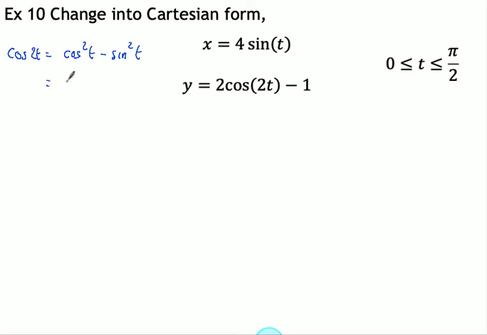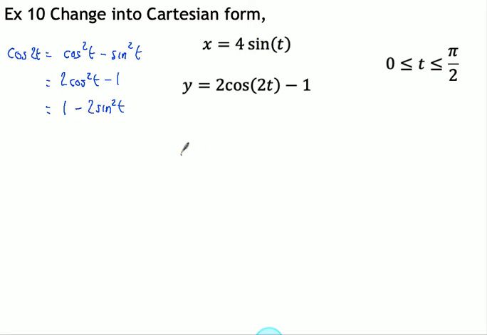And then this could be written as 2 cos squared t subtract 1, or 1 subtract 2 sine squared t. Now, you need to look at these and then determine which one you think is the most useful. So this one has cos and sine in it, not that useful. This one has just got cos in it, really not that useful. This one has just got sine in it, bingo.